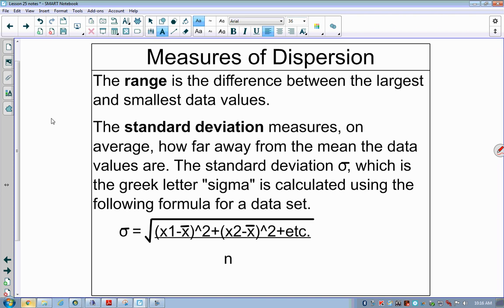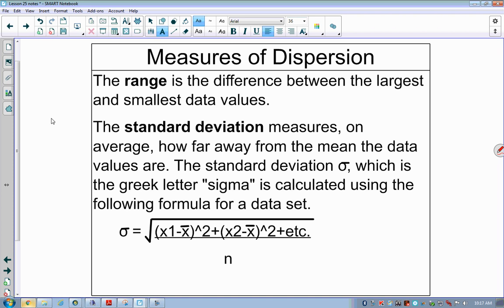Okay, standard deviation measures on average how far from the mean the data values are. The standard deviation is shown by this sigma symbol, which is like a 0 or an O with a hat on top of it, the Greek letter sigma, and is calculated using this formula.